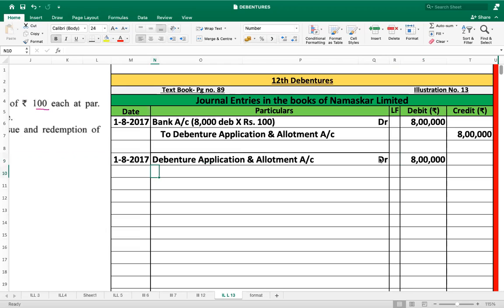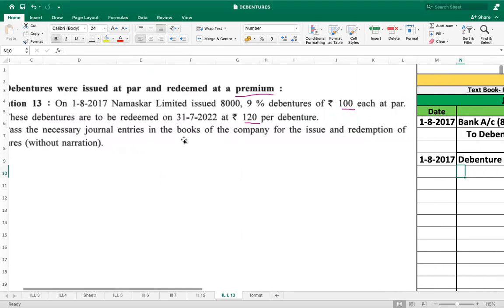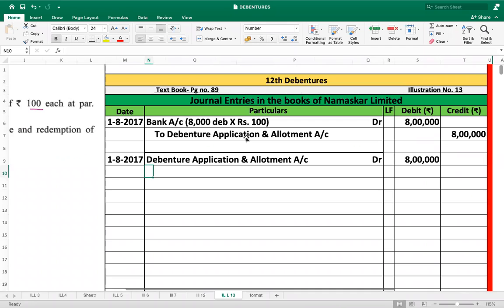Now, see over here, you can see that debentures are to be redeemed after 5 years for 120. So, at the time when I'm issuing the debentures, I'm giving commitment to my debenture holders that I will pay back rupees 120. So, the moment I have committed that I'll be paying 20 more, my loss is incurred.